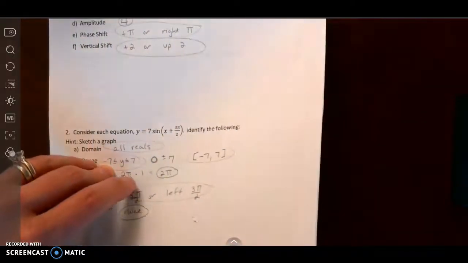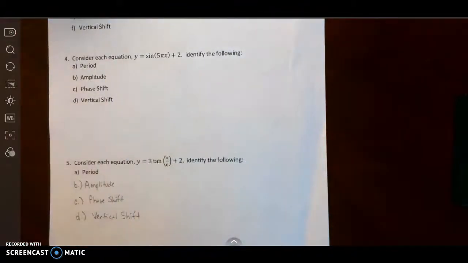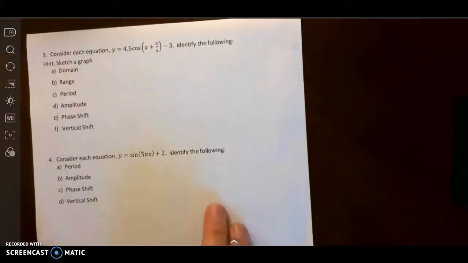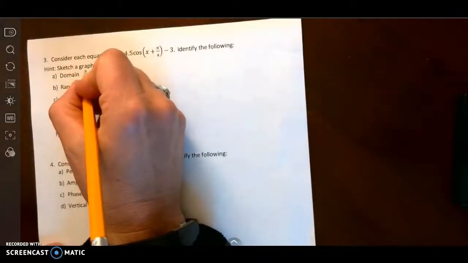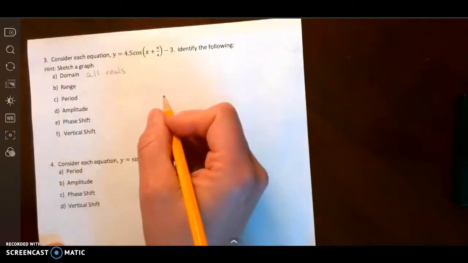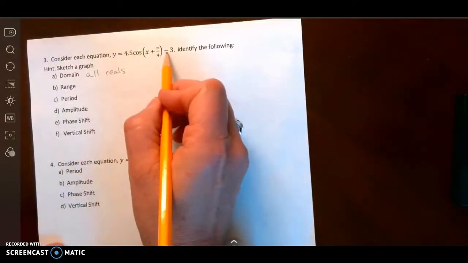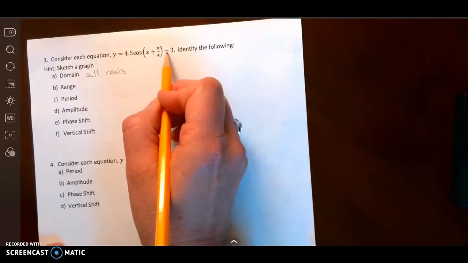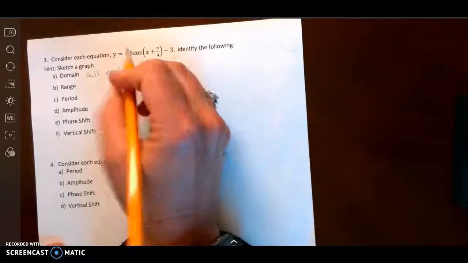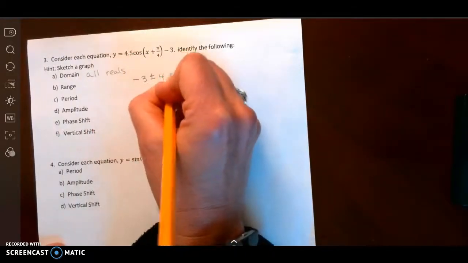Okay, let's go to the next page. Got 3 more examples here to do. All right, my domain again is still all reals. My range, let's see, my axis has been moved to -3, and it's going to be plus or minus this amplitude.